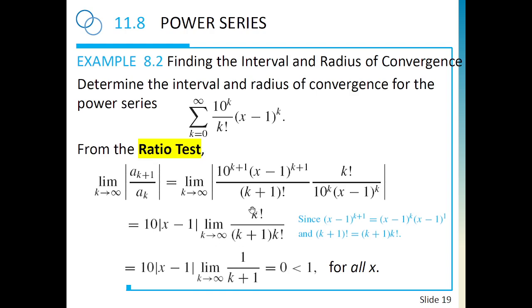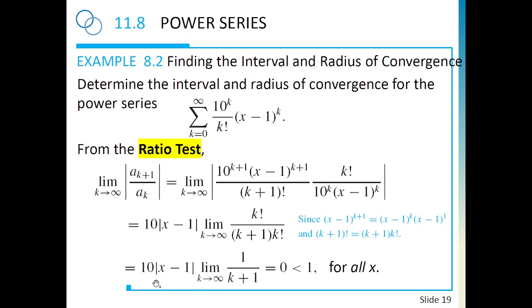So here we simplify these two. The limit here, what happens? The limit here is 0. Oh, this is interesting. So I have 10 times the absolute value of x minus 1 times 0, which is 0, right? Wow. So this means that whatever value of x I put, this expression is equal to 0.